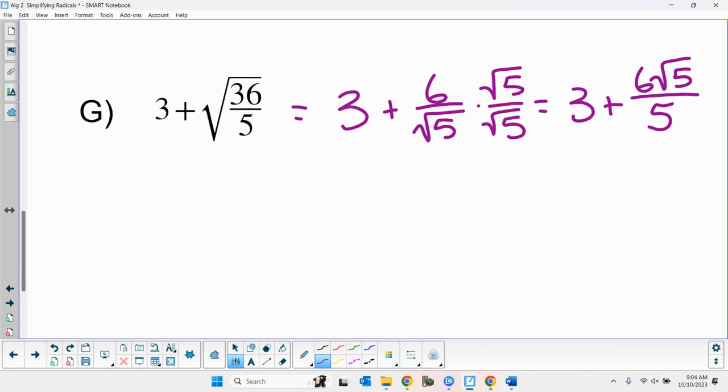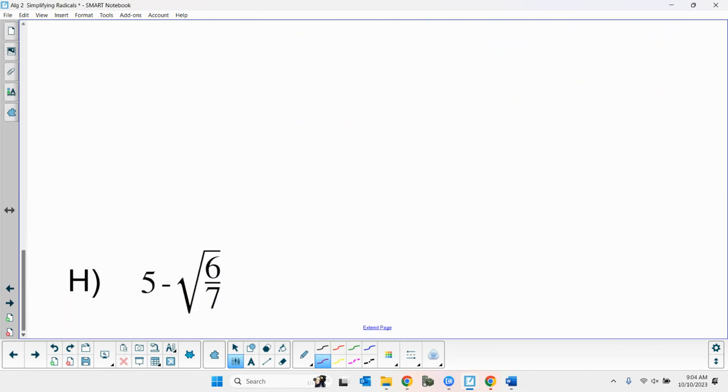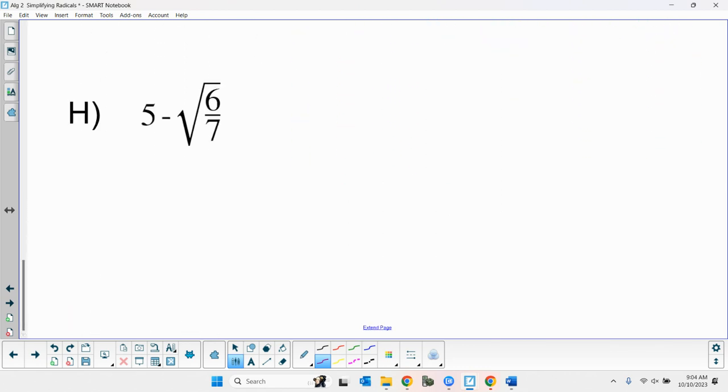Again, we're going to end up with some answers with radicals, so we're just getting used to simplifying radicals. All right, this is 5 minus the square root of 6 and the square root of 7. I can't reduce 6/7.